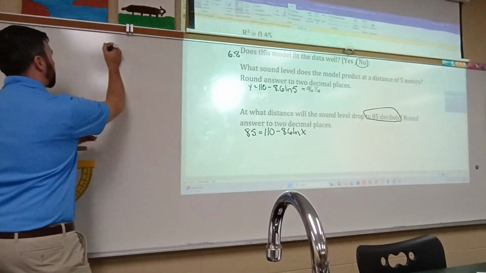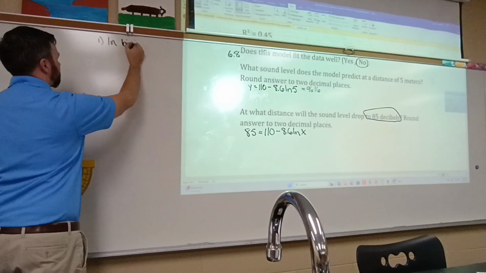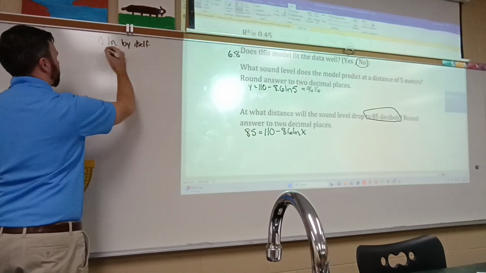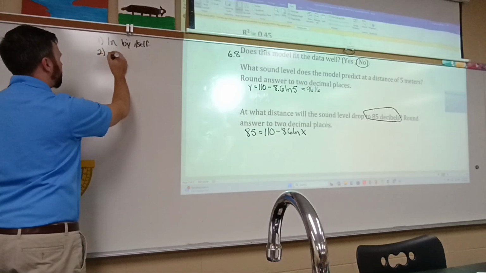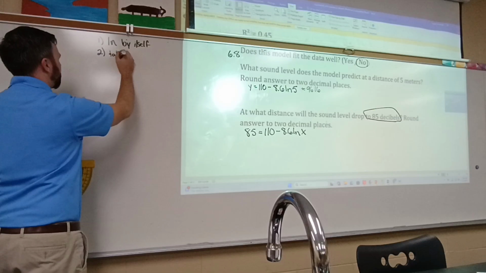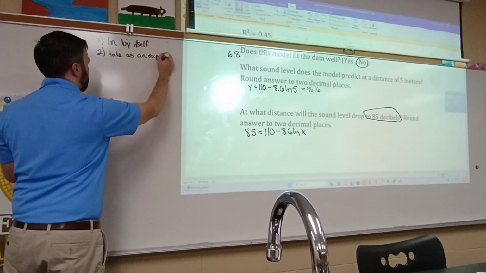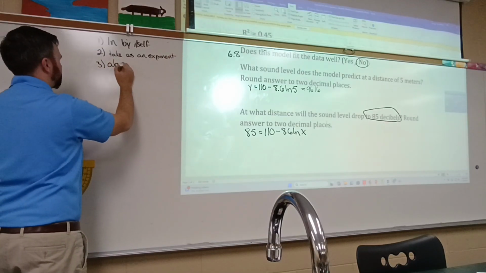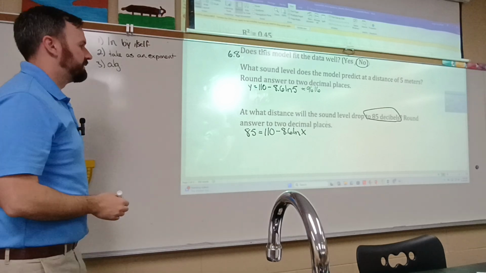So steps are still true. We need to first get log by itself. Good writing. 2. Now, to get rid of natural log, we have to take e as an exponent. And then 3 is algebra. Bless you. Good old algebra Tim is back.